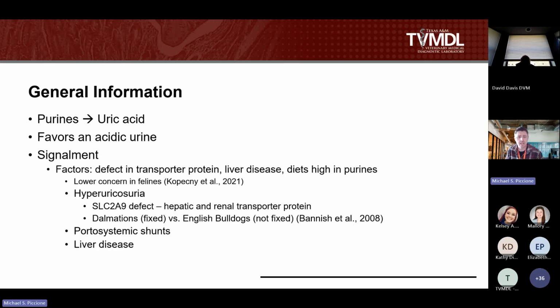I mentioned on this slide here about Dalmatians and Bulldogs, fixed versus not fixed, and what is it all about? You'll notice simply here, it is thought of that most, I won't say all, I have to be very careful, but most of these purebred Dalmatians are homozygous recessive for this particular gene.